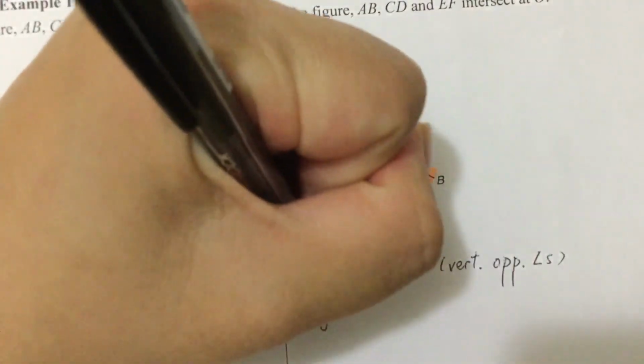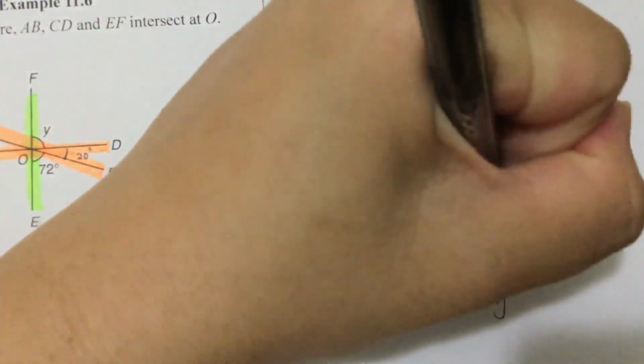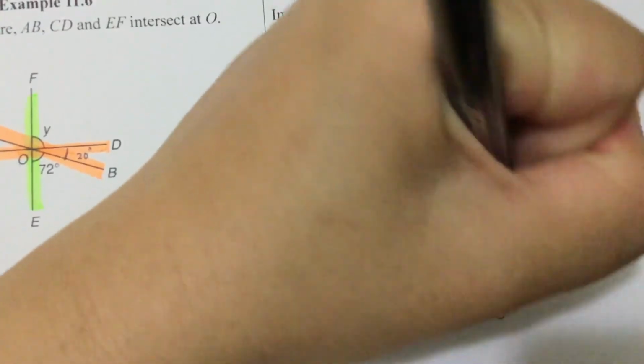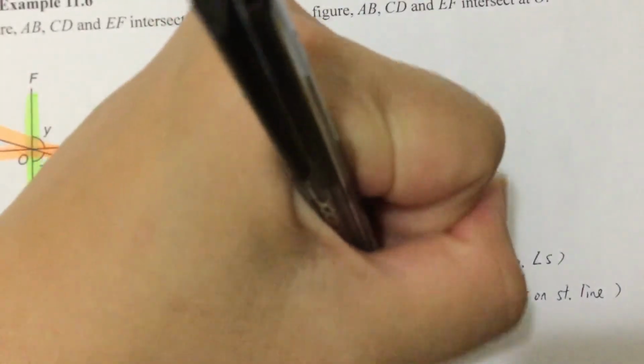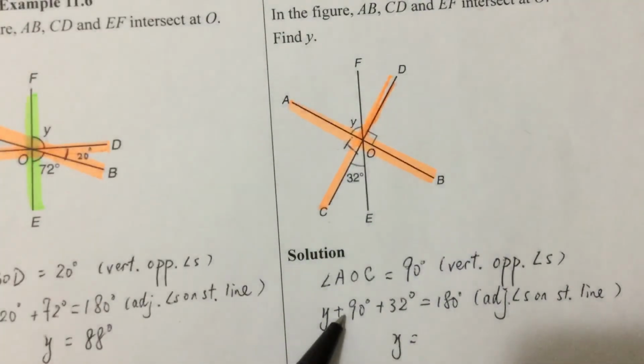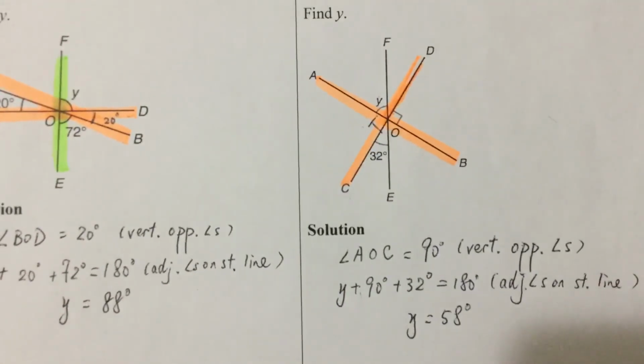So y plus 90 degrees plus 32 degrees is equal to 180 degrees. The reason is called adjacent angles on straight line. And then y will equal, this is 122, you subtract it, and you get 58 degrees. And then we finish this question also.